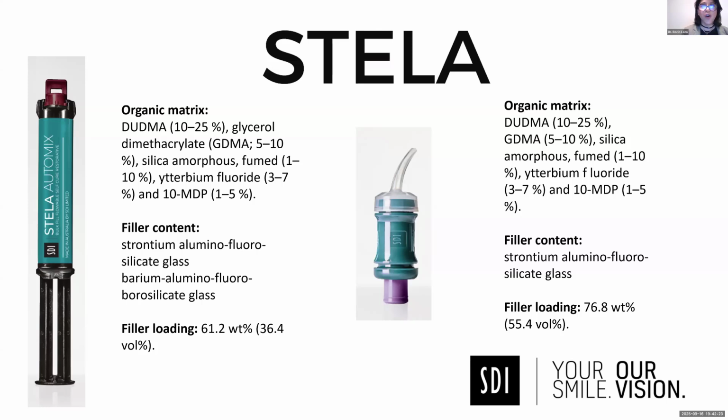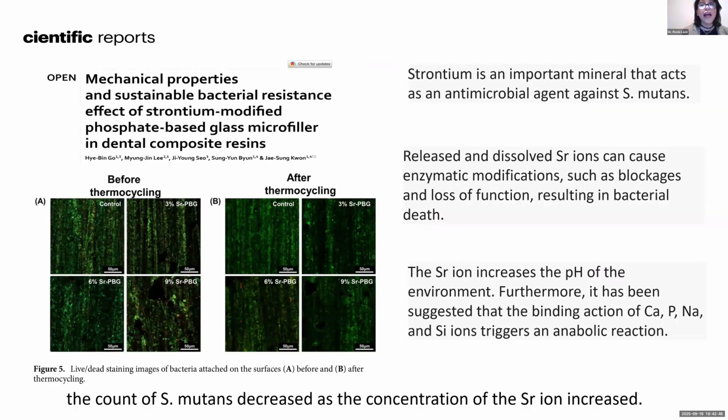The setting time is faster. And in the filler content, in Stella Automix there is not only strontium ion, which is the best bioactive ion. You will find other bioactive ions like barium and boron. This is the difference between Stella Automix and Stella capsules.